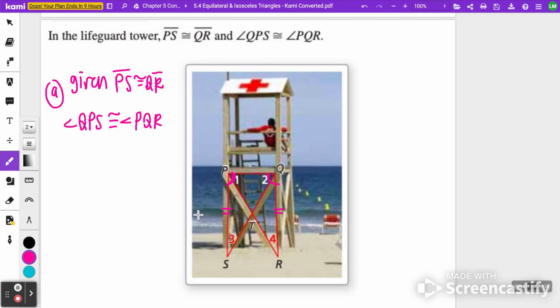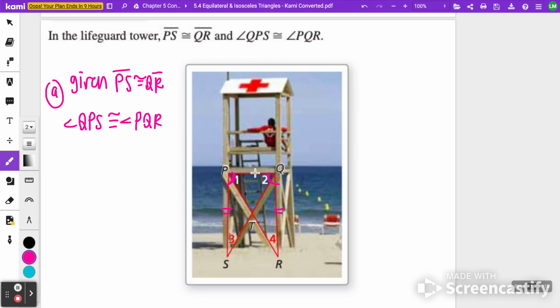One thing we also might want to say is because PQ is down here, it is looking like it's across from some congruent angles. We can also maybe think about how PQ is congruent to QP.